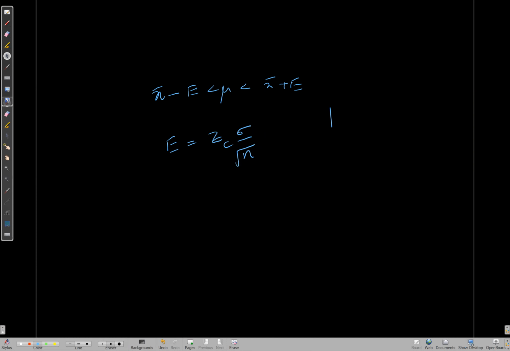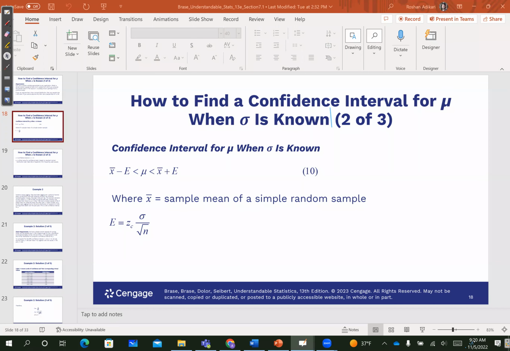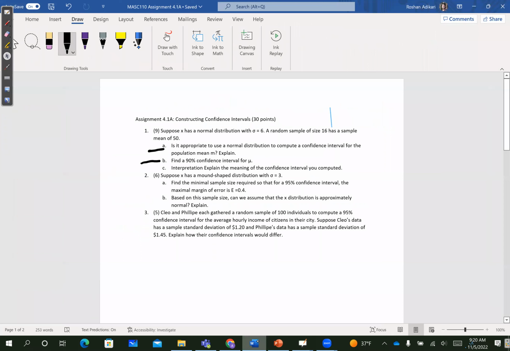Now in your example you have to identify what these things are. Sample mean 50, sample size 16, and 90%. Those are the three things you know.